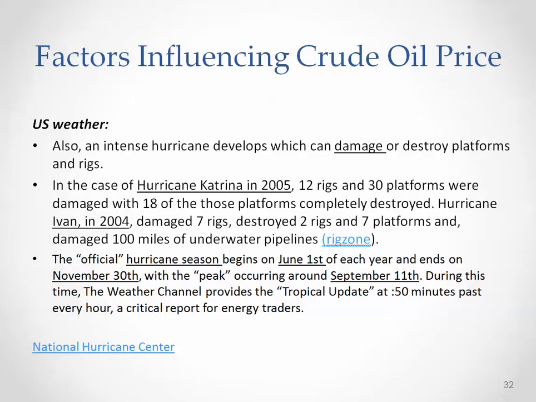Hurricane Ivan in 2004 damaged 7 rigs and destroyed 2 rigs and 7 platforms. And it had consequences, flooding and so on and so forth, and this can cause the supply interruption or the prediction of supply interruption. When there is an interruption in supply, price can potentially increase.